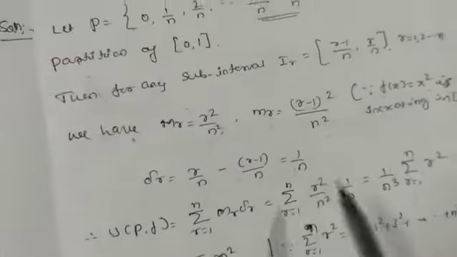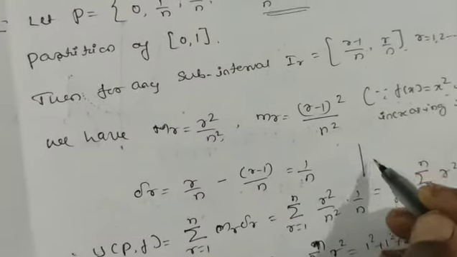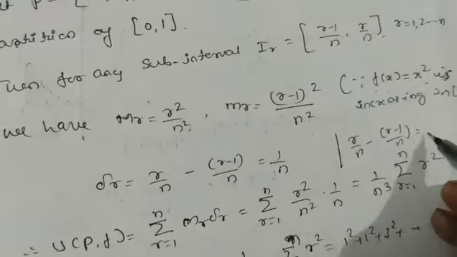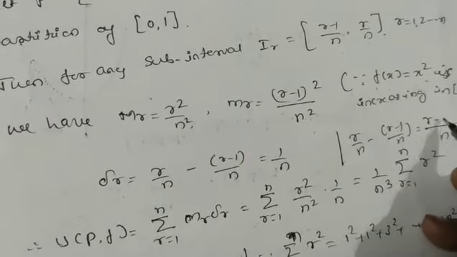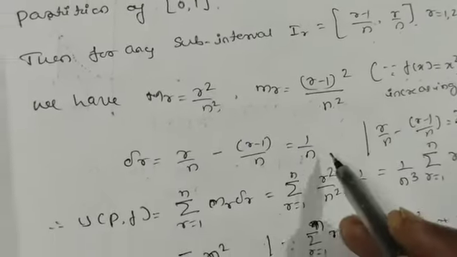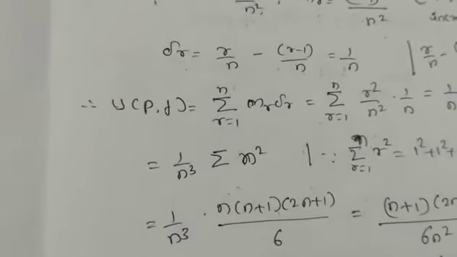Here I take LCM as n and simplify: r minus (r-1) is 1, so you will get 1/n, the length of the subinterval.